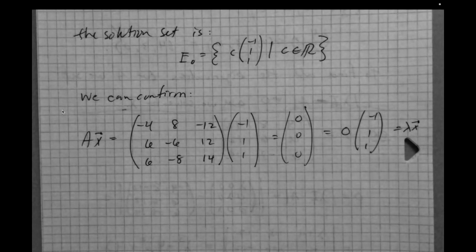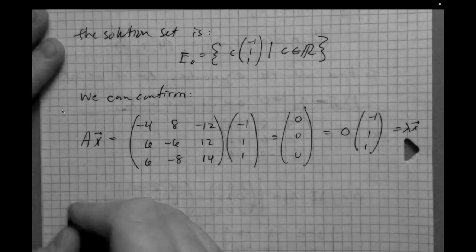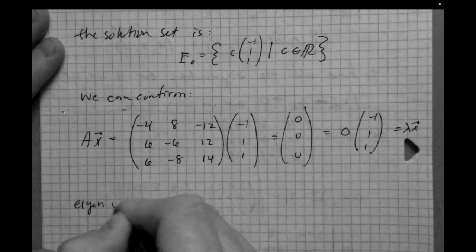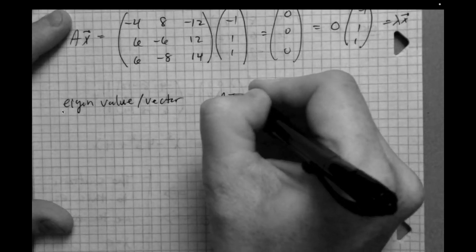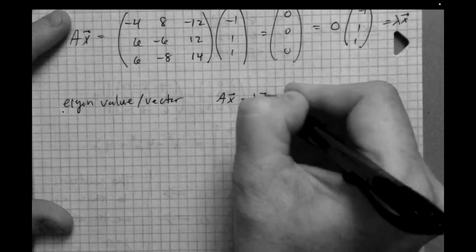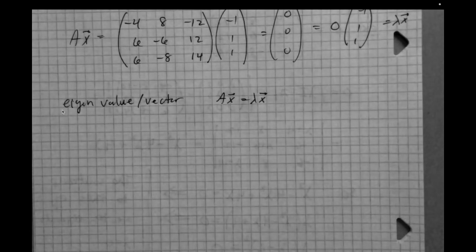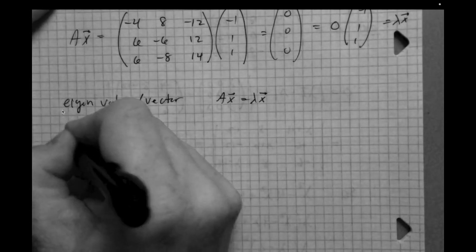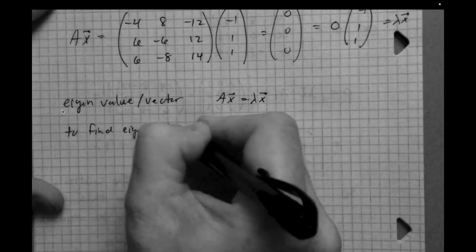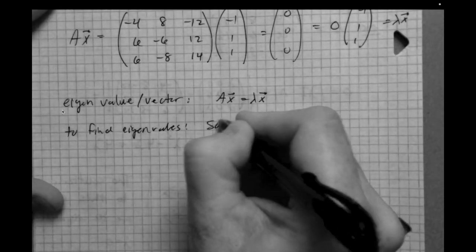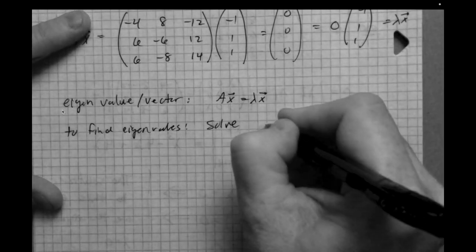All right, perfect. Right, so that's the idea with eigenvalues and eigenvectors. So an eigenvalue slash vector has this relationship, A times x equals lambda times x. Right, so then to find eigenvalues, we need to solve, what do we need to solve?